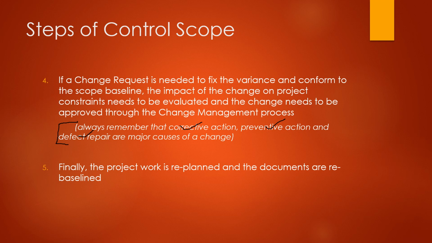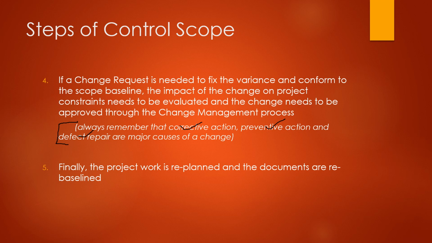Your entire project management plan needs to be rebaselined if you are introducing a change which is going to impact the cost, the schedule, the quality, and other project constraints. If it is going to be impacted, you will have to have a new project management plan. All these documents which were already baselined will have to be rebaselined. That needs to be done with every single project change.